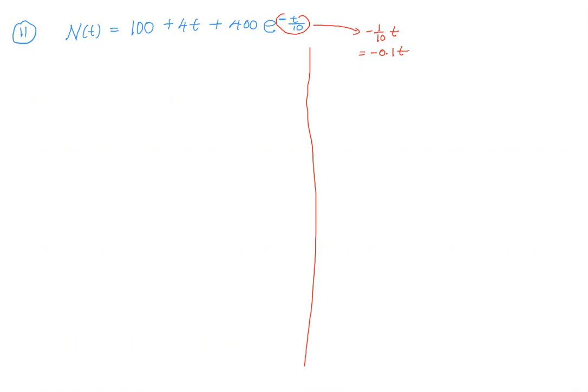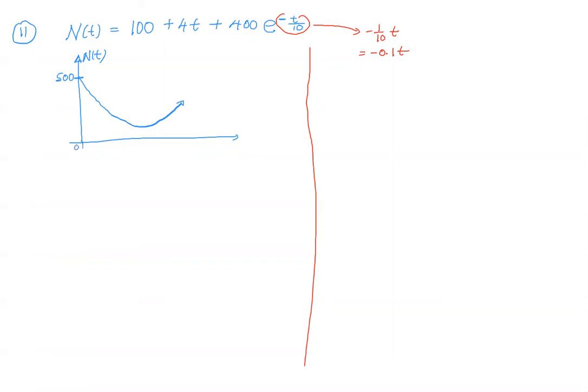I think the graph should be going in this way. When t equals 0, it is 500. It starts with 500, then you go down, then you go up.